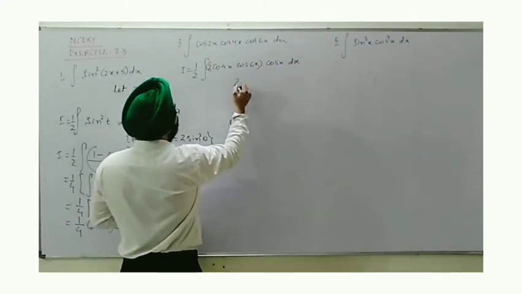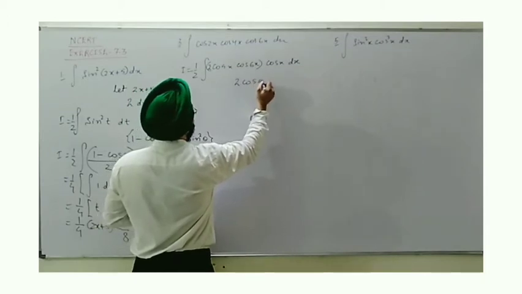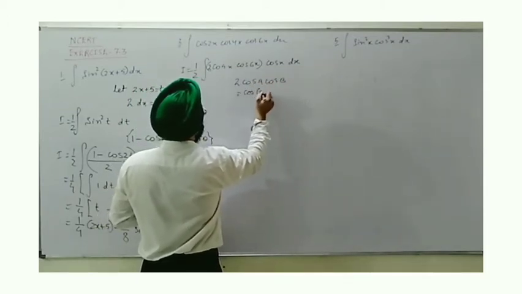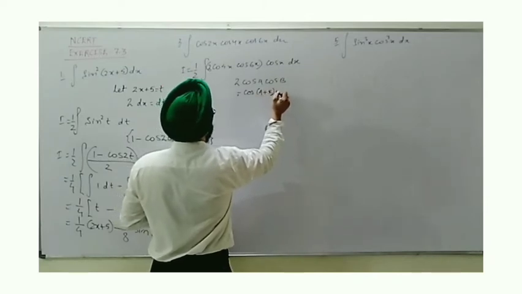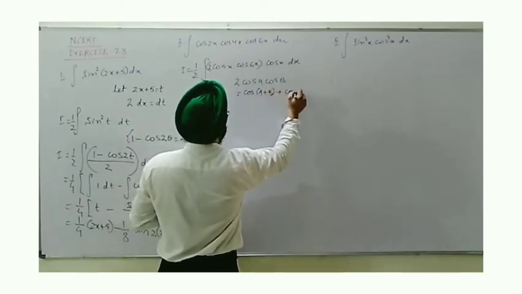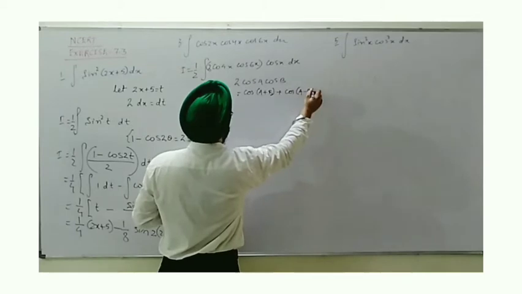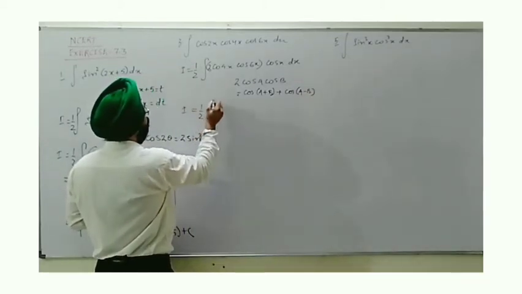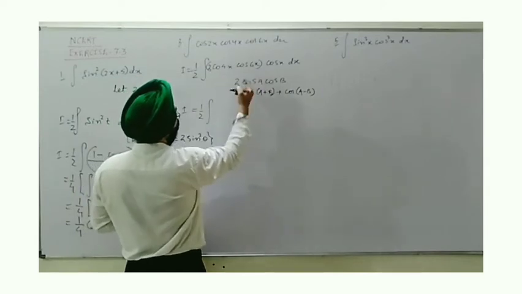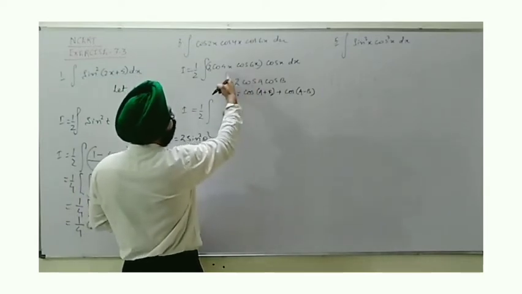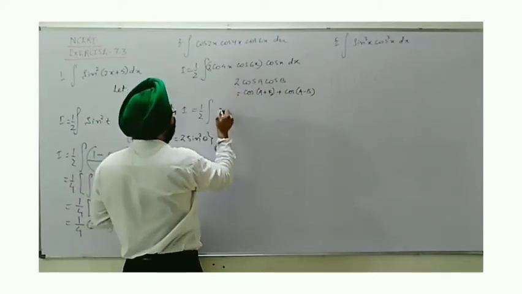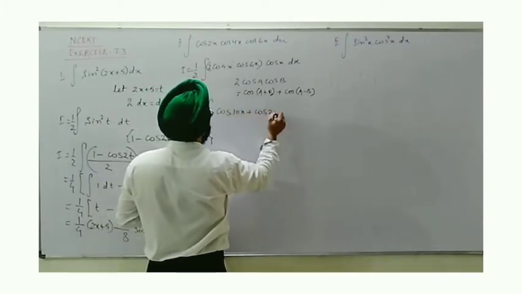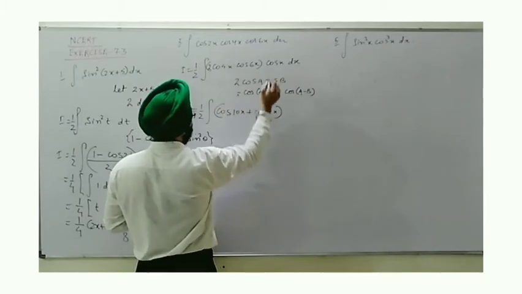Now the identity 2 cos A cos B is equal to cos A plus B plus cos A minus B. This identity is to be applied here. So we get the result of this group, taking A as 6x and B as 4x, as cos 10x plus cos 2x.